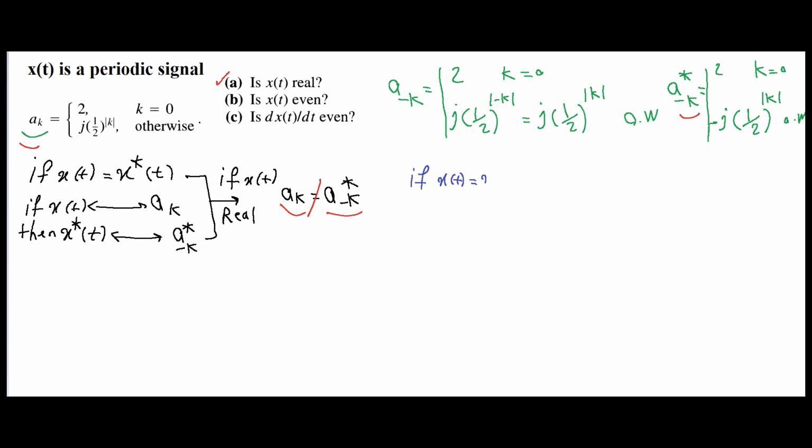Second part: is the signal even or odd? A signal is even if x(t) equals x(-t). Now again, using Fourier series properties, if x(t) has coefficient a_k, then x(-t) has coefficient a_{-k}.